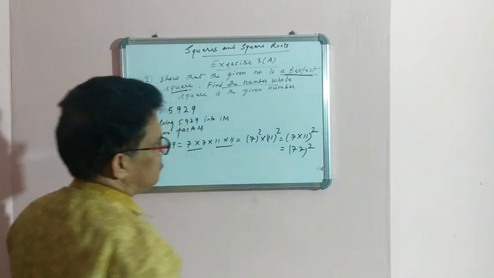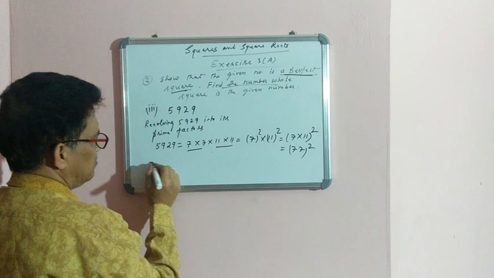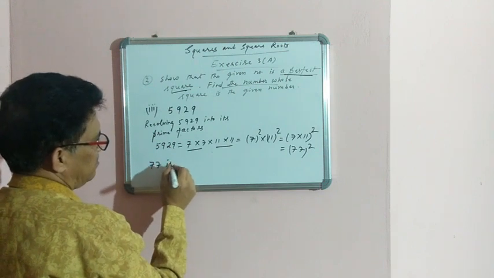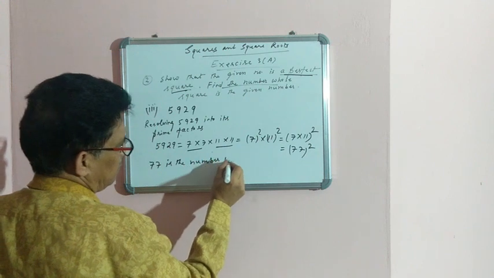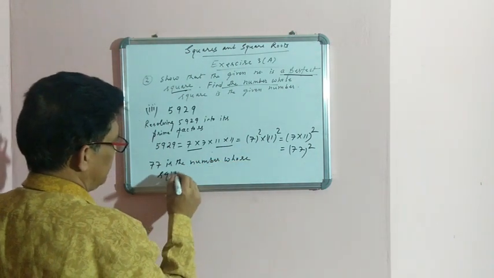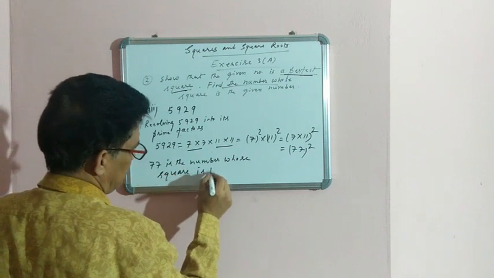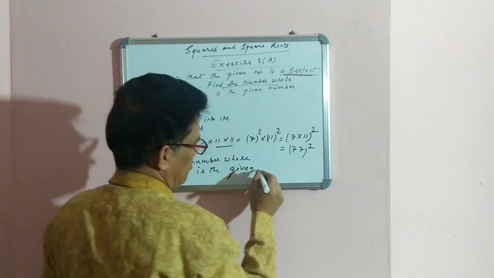Now this is equal to this. So 77 is the number whose square is the given number.